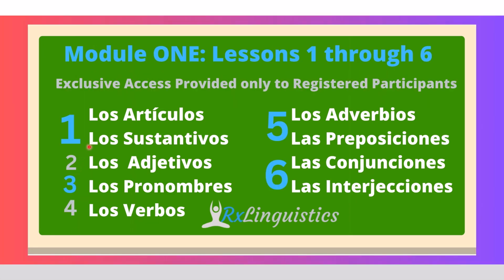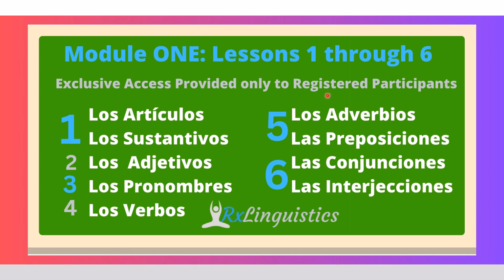Lesson 1 is articles and nouns. Lesson 2, lesson 3, lesson 4. Lesson 5 is adverbs and prepositions, and lesson 6 is conjunctions and interjections. So with that, you will have covered the first part of Spanish grammar that you need to advance.